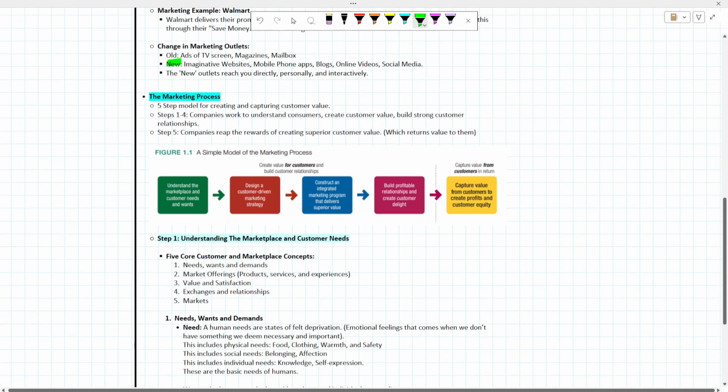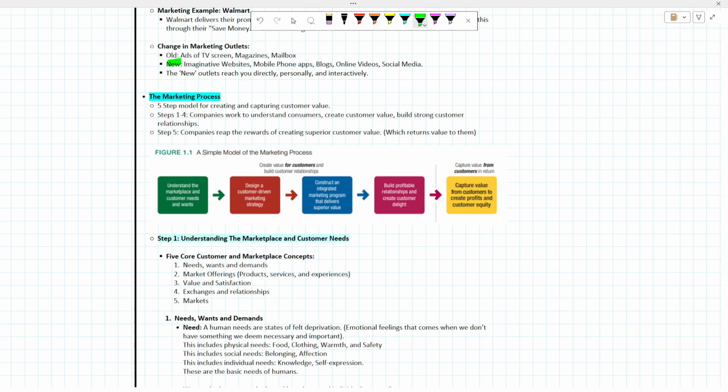A simple model of the marketing process. So first we have to understand the marketplace and customer needs and wants, design a customer driven marketing strategy, construct an integrated marketing program that delivers superior value, build profitable relationships and create customer delight, and then lastly, capture value from customers to create profits and customer equity.